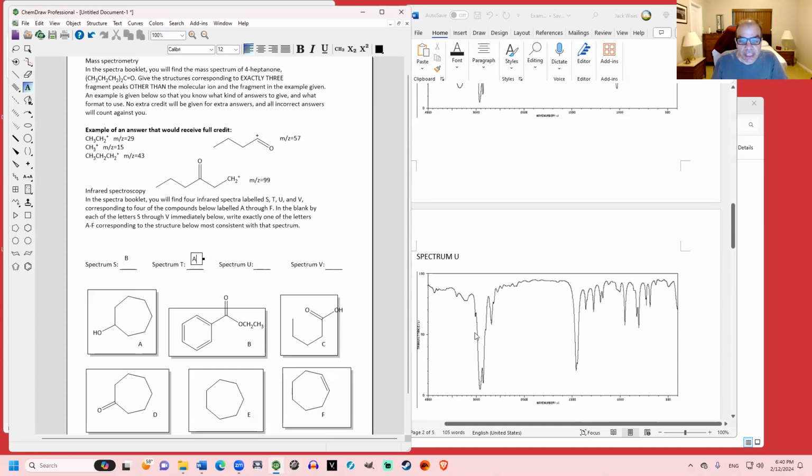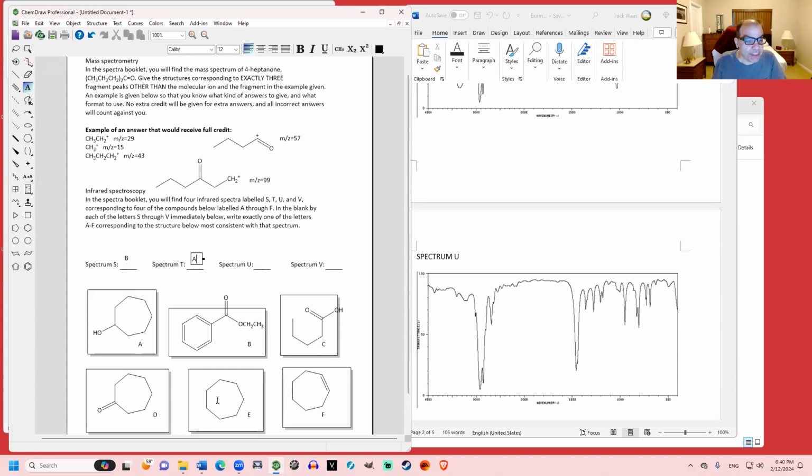Spectrum U looks like it has all of our CH stretches below 3,000 wave numbers, and no carbonyl, no alcohol, no nothing. So it looks like we have just an alkane.